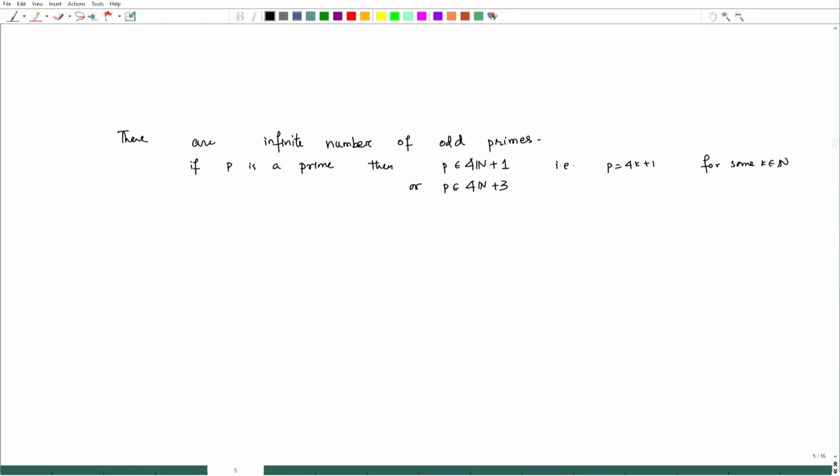I will denote 4n plus a as 4k plus a, such that k varies over the natural numbers. That is the notation we are following.